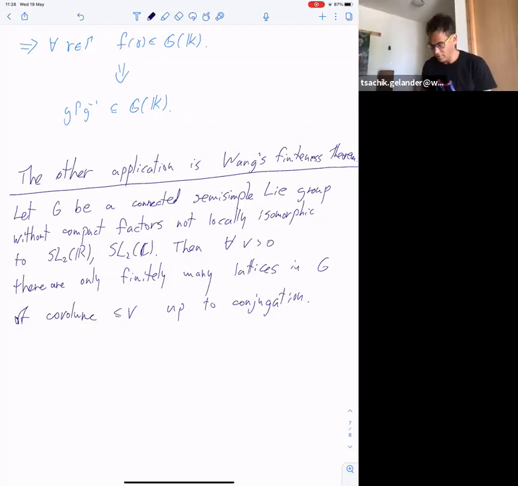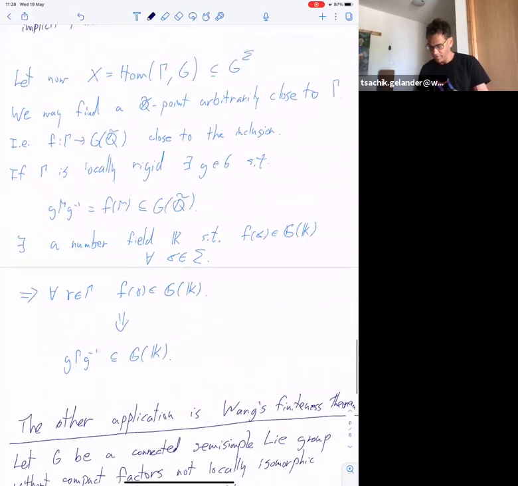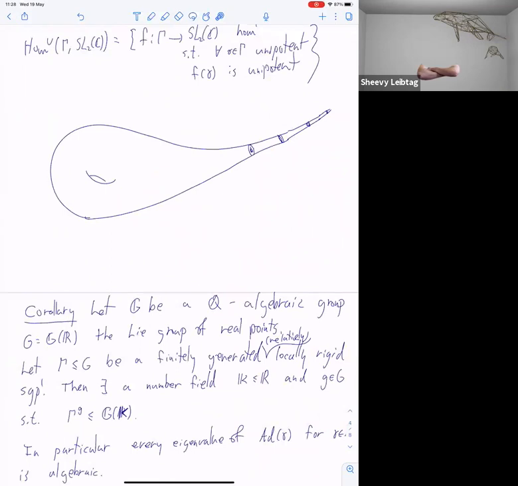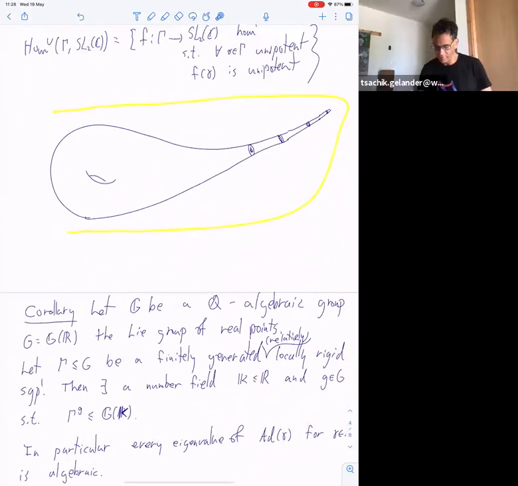In SL2C, if you remember, we have this picture, which is a very simple picture, but you draw it and it tries to explain many phenomena.